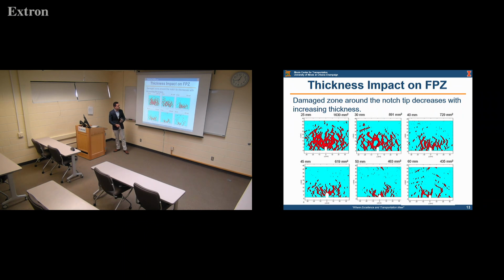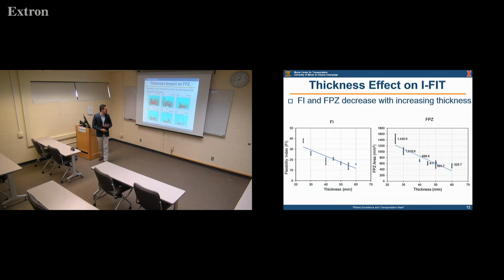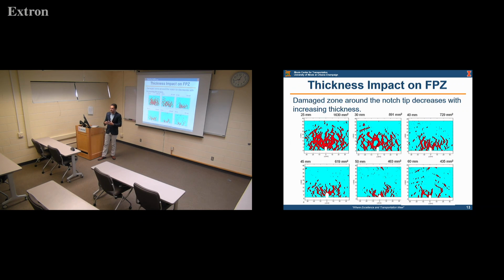That's what I'm showing here, and that's similar to the behavior of a more brittle mix. So it makes sense to see that the flexibility index decreases because of this specimen confinement effect that has also been reported in other studies related to fracture testing. The higher specimen induces more confinement of the material.